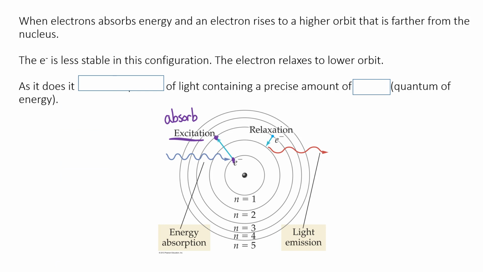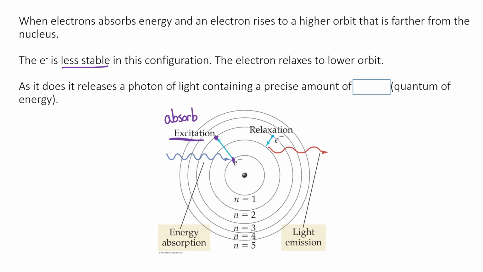When the electrons are in the excited state, it's less stable. So the electron will then, because if it's not stable, it can't hold that position very long. So then it's going to relax down to the lower orbit.